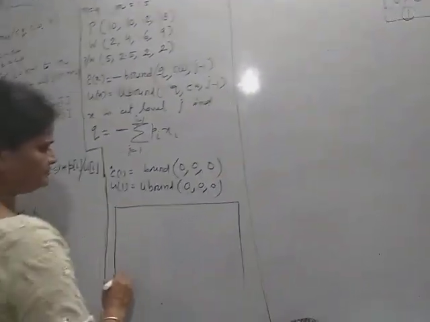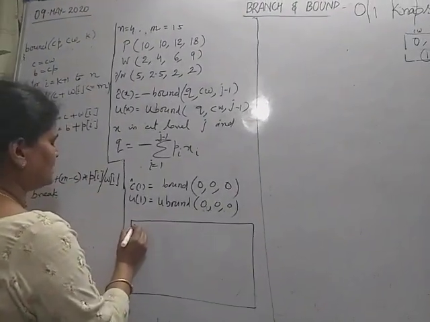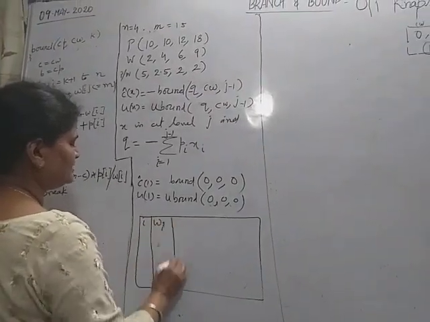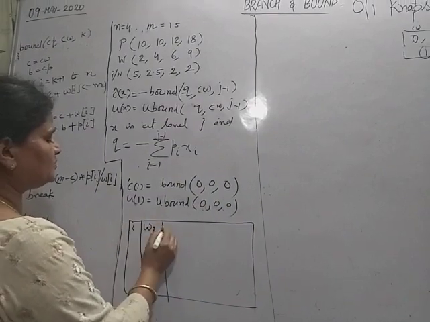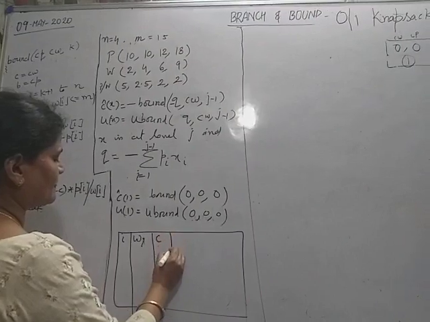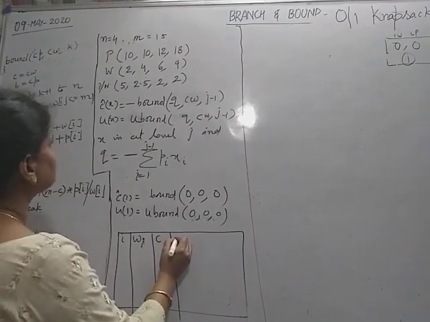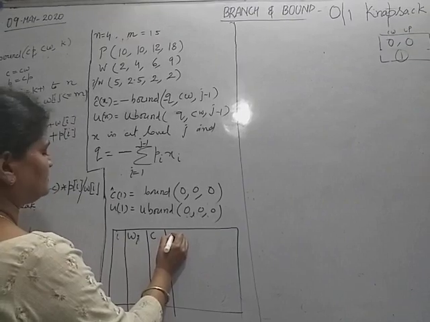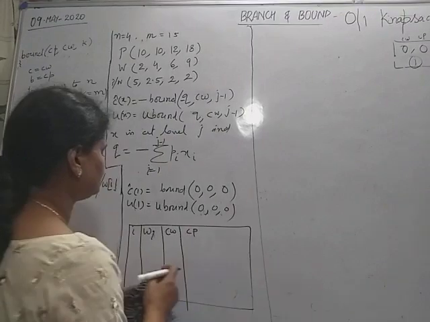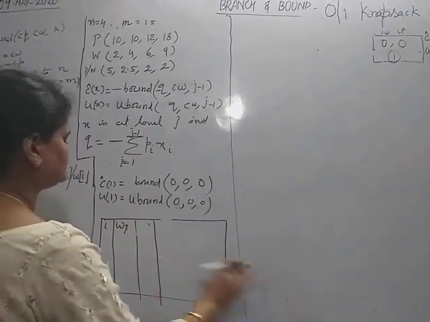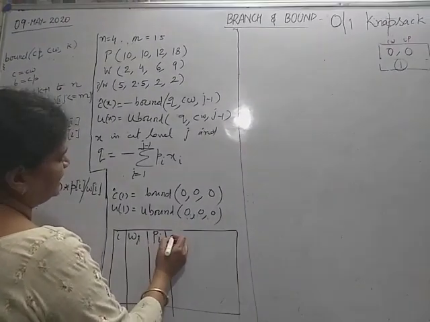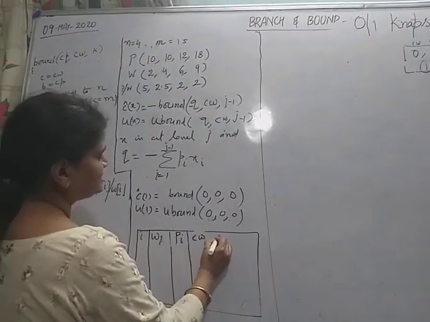Columns for I, Wi, Pi, the profit, and CW and CP.